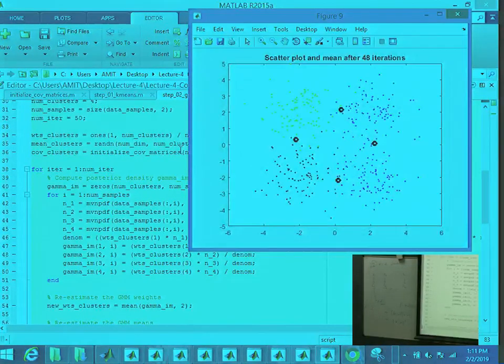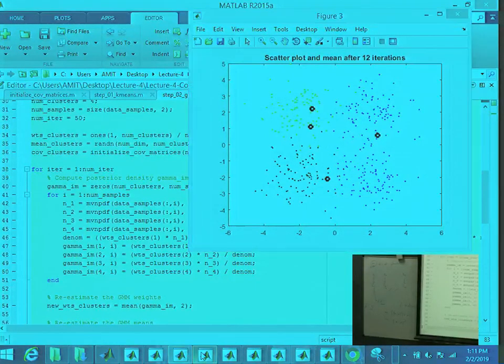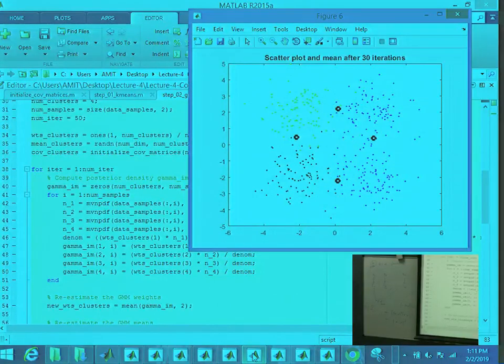Yeah, it's done. Anyway, in this case, earlier the means were like this. Now it is spreading, and so on. At the end, it didn't even converge. So this is one special case. Even at this point, the likelihood actually increases.